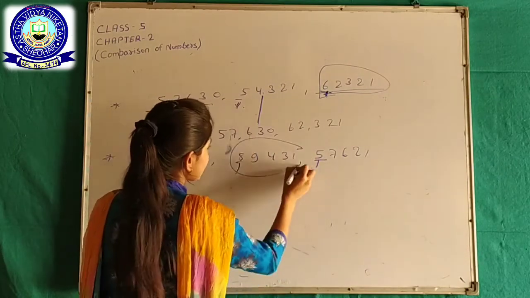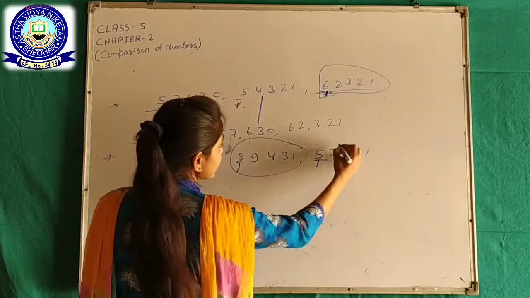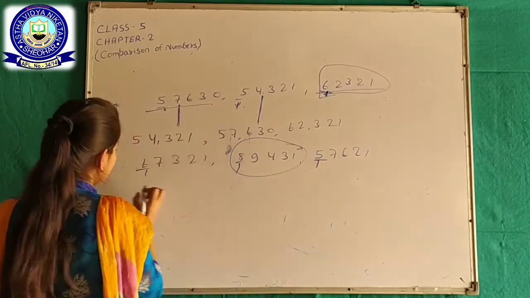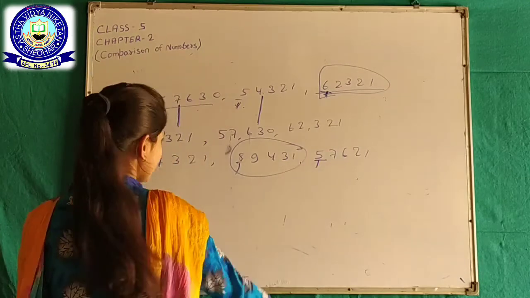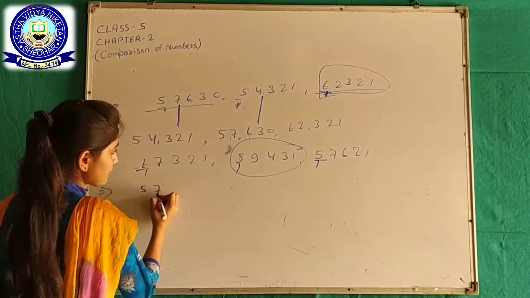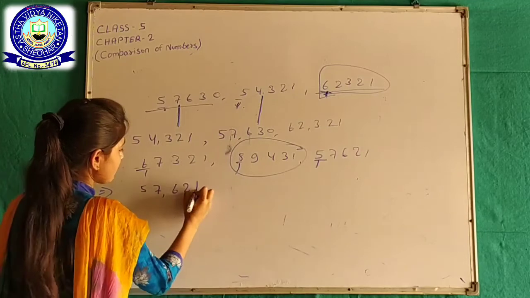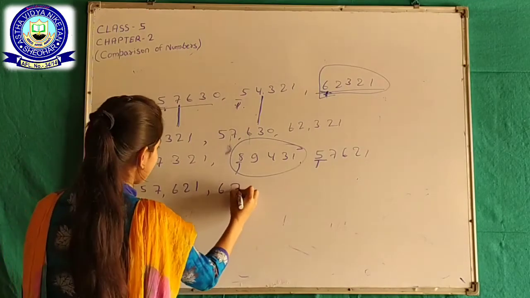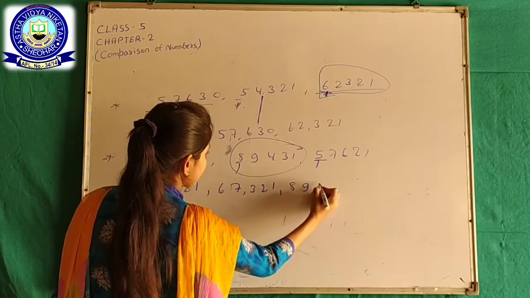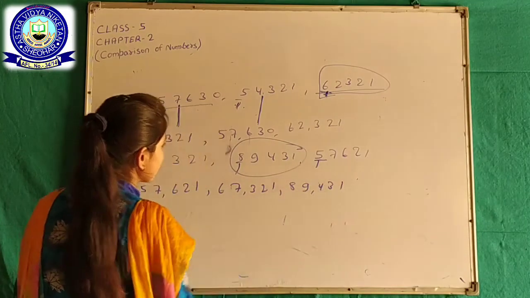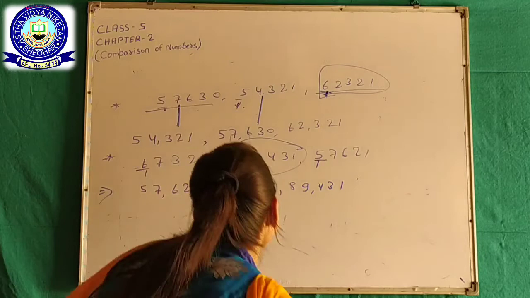This number is the largest number of this series and this is the smallest number of this series. In ascending order, first of all you have to write the smallest number of any series. Then you have to write 57,621 and then 67,321 and last 89,431. This is in our ascending order.